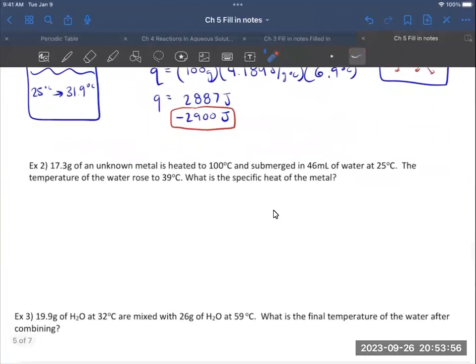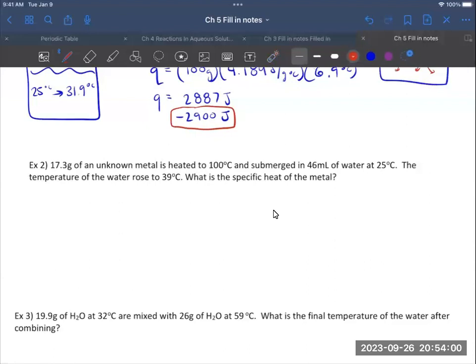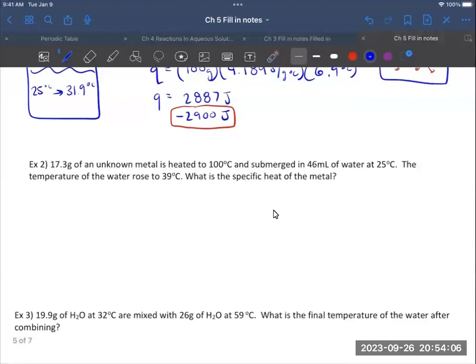That's example number 1. Let's take a look at example number 2. This is another type of calorimetry problem you might see. In this case, we have an unknown metal. We've got 17.3 grams of a really hot piece of metal. Okay, it's really hot. So here's your hot metal.